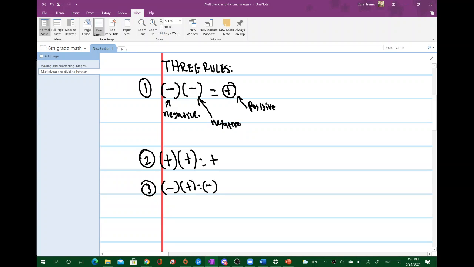That's negative, right? So this is a little different, and probably you've never learned about this before, but in math, these are the 3 rules, and as long as you remember these 3 rules, you'll be set to go.